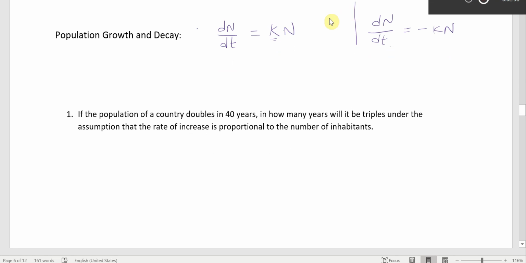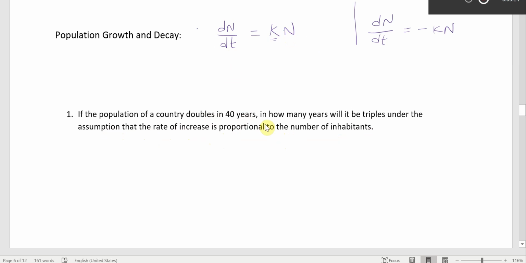Let us read the question. If the population of a country doubles in 40 years, in how many years will it triple, under the assumption that the rate of increase is proportional to the number of inhabitants? So it's clear from this sentence that the rate of increase, that is dn by dt, is proportional to the number of inhabitants.